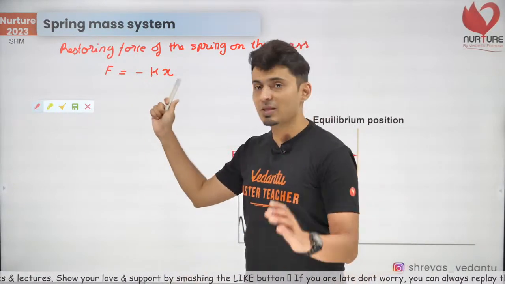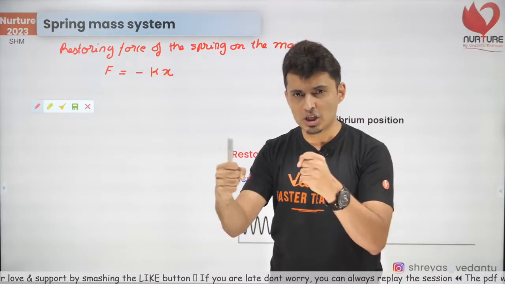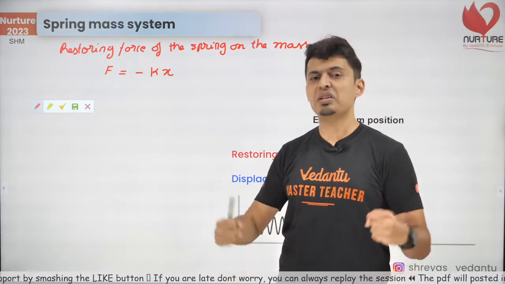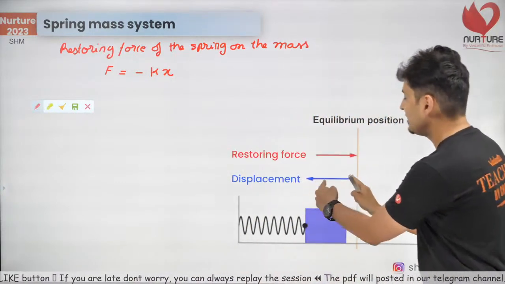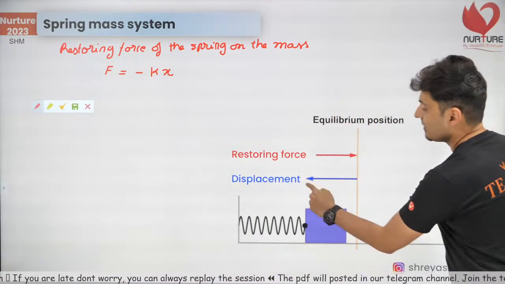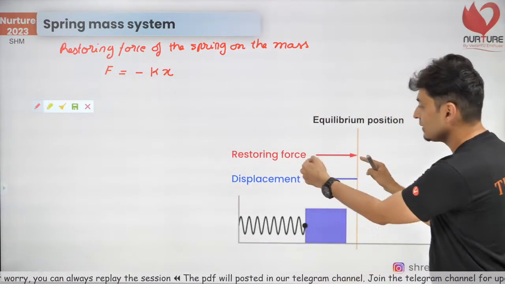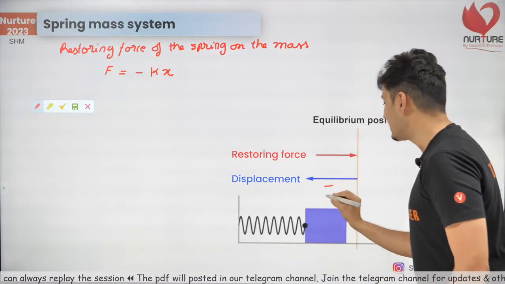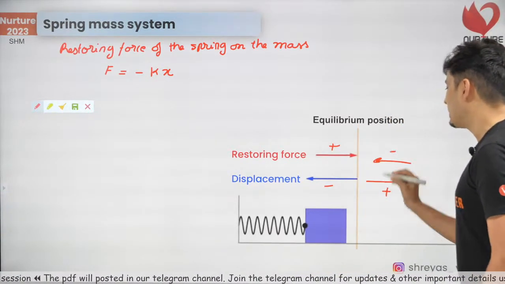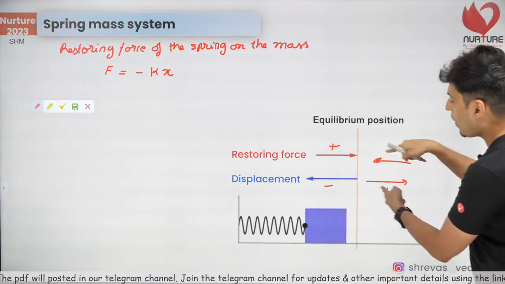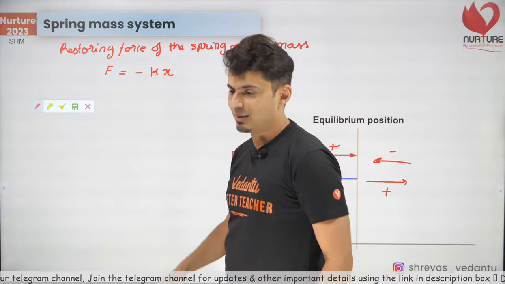See, k is the spring stiffness constant, how hard it is to stretch or compress the spring. If k is more, it's very hard to stretch it. x is my displacement. In this case, if x is negative, force is positive. You can see the arrow mark. Do you see, displacement is negative, force is positive. If displacement was positive, force will be negative. They are always of opposite signs. That's why you have this negative symbol.